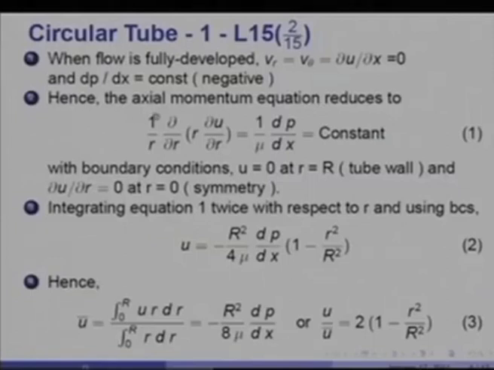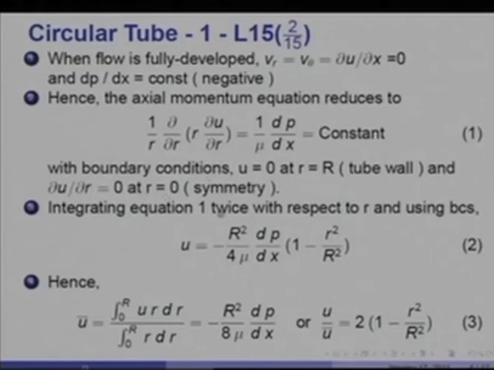Hence, the axial momentum equation reduces to 1 over r d by dr r du by dr equal to 1 by mu dP by dx equal to a constant, with boundary conditions u equal to 0 at the tube wall, r equal to R, and the gradient du by dr equal to 0 at the axis of symmetry.